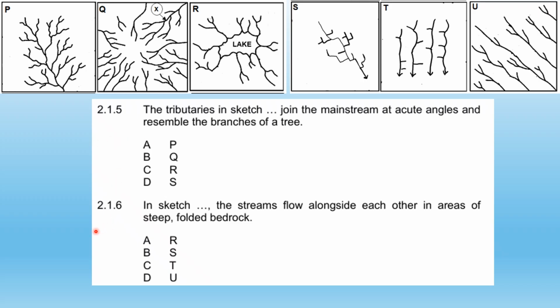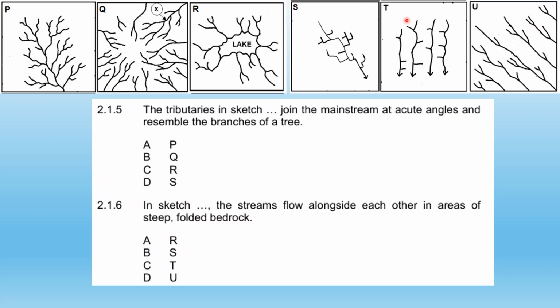2.1.6, in sketch, the streams flow alongside each other in areas of steep folded bedrock. Okay. In actual fact, for 2.1.6, there could be two possible answers. In sketch U, the parallel stream pattern, the streams flow alongside each other or flow parallel to each other.